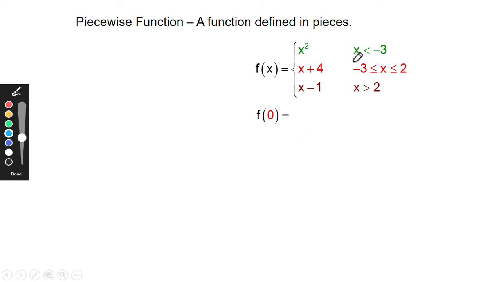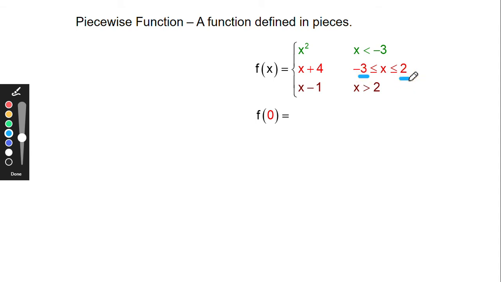This does not, because 0 is not less than negative 3, so we cannot use this piece. This one does not give us the freedom to use 0 because 0 is not greater than 2.